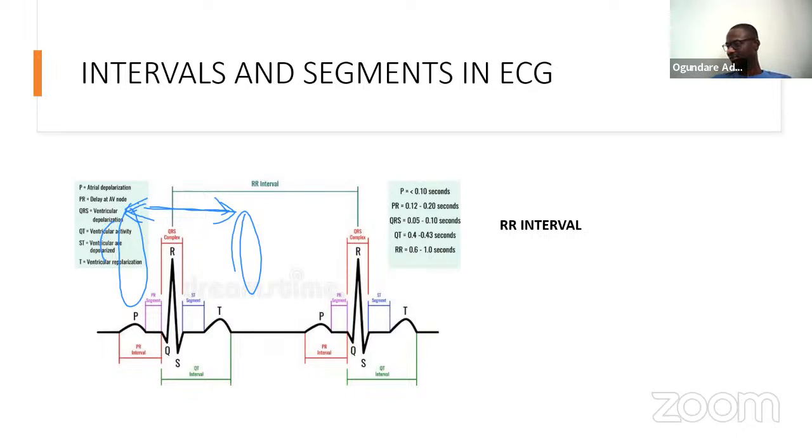Okay, someone says increase. Any other person? Anyone else?